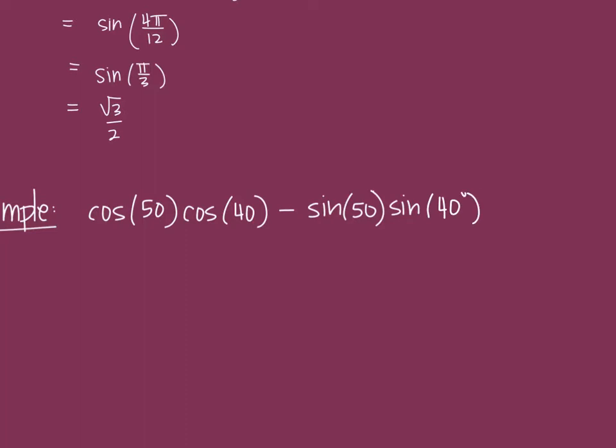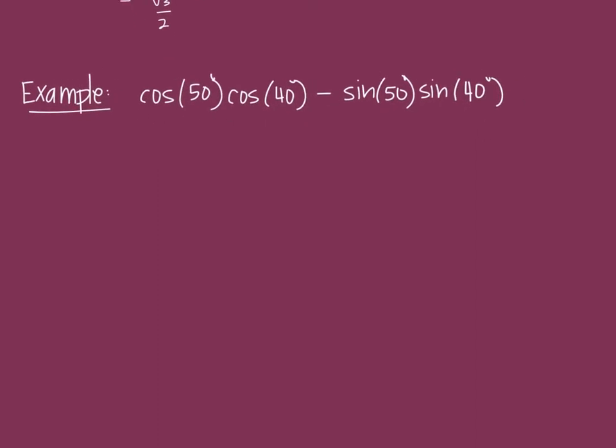So these are all degrees now. Now how is this going to work? Well, we look at the rhythm, and it's a double cosine followed by a double sine. That means it had to have come from the cosine version. And in cosine, we have to have a sign change. And so the negative in the center turns to a positive. And this would have 50, and this would have 40.